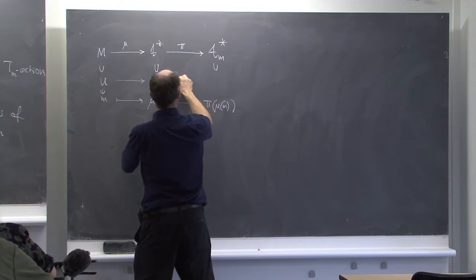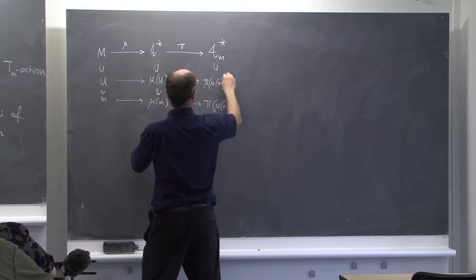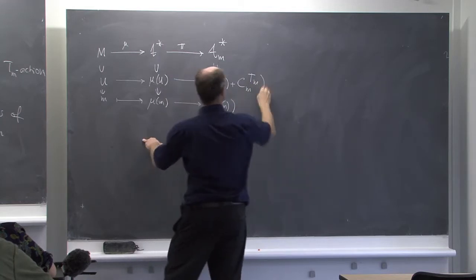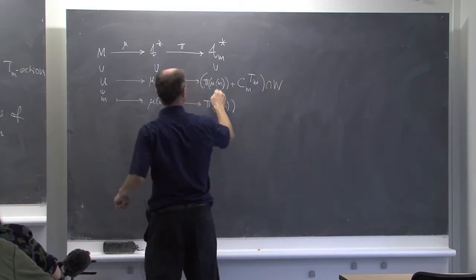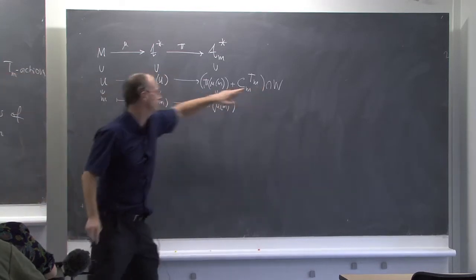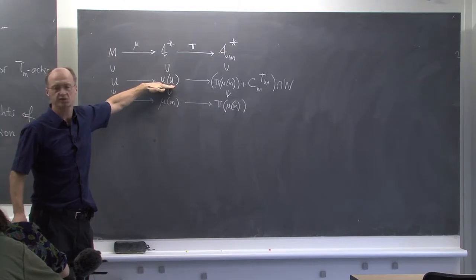So here is sitting this pi mu of M plus this Cm Tm intersection with W. Right. So this looks like a tip of the cone. Now, what do you think this guy looks like?